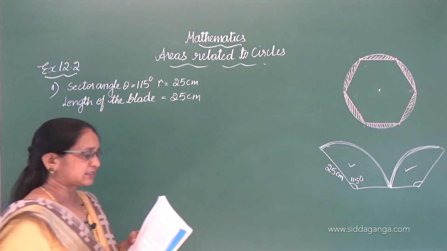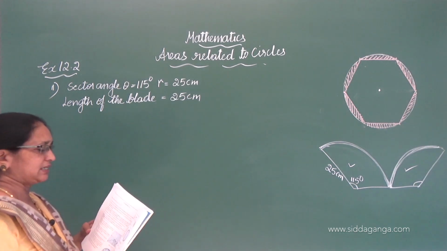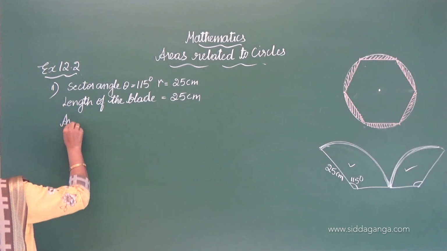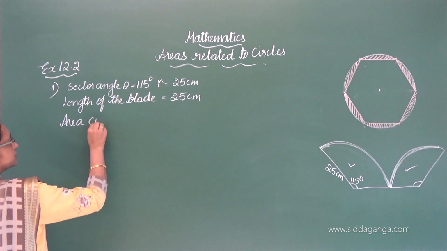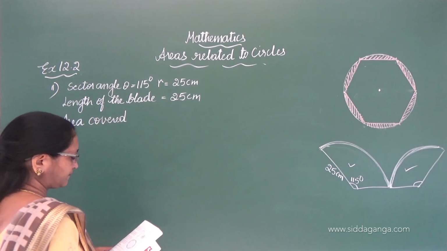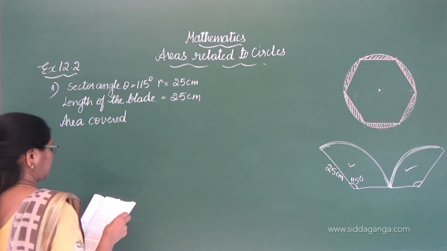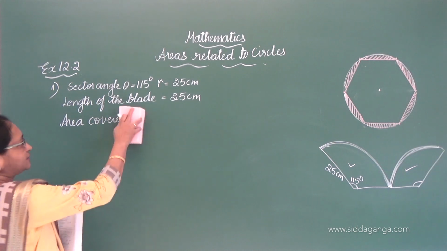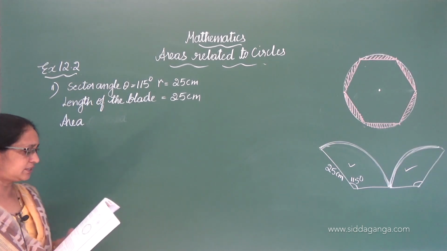Next, the total area cleaned at each sweep of the blades. The total area. So area covered. Or we shall write area cleaned. They have given the statement like that.